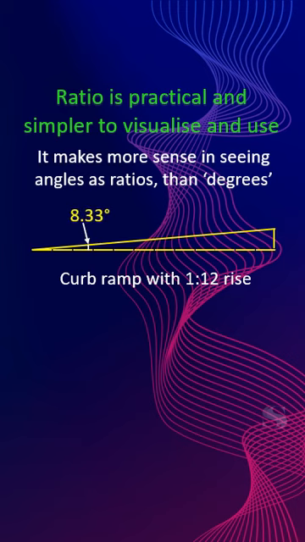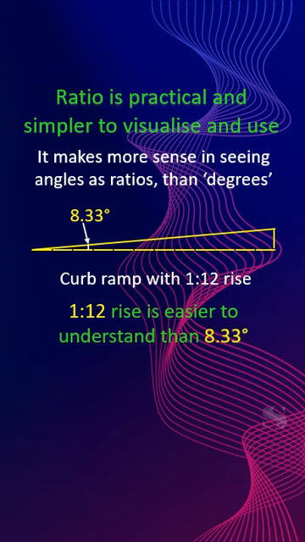Which of the two quantities is closer to popular visualization, 1:12 or 8.33 degrees? 1:12 is simpler to me. By the way, at 1:12, the angle of the best ramp is 4.76 degrees. How does one even get that angle right in constructing 1:12?